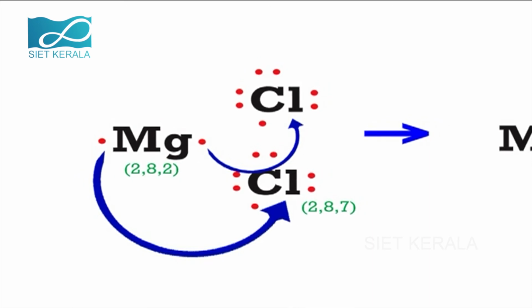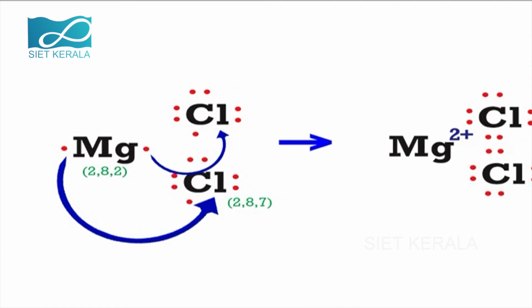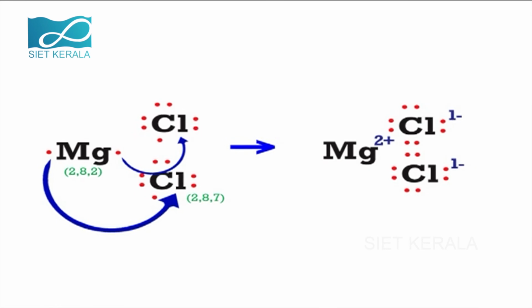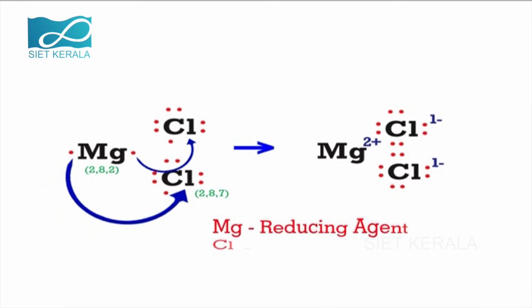While combining, a magnesium atom donates 2 electrons, one to each of 2 chlorine atoms. In this process, magnesium reduces the chlorine atoms by donating electrons to them. Therefore, magnesium is considered the reducing agent. Since chlorine oxidizes magnesium by accepting electrons, it is considered the oxidizing agent.